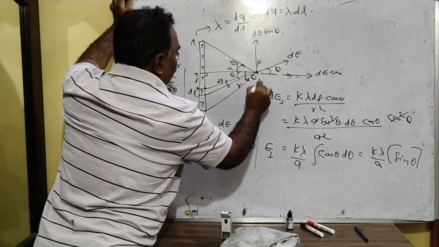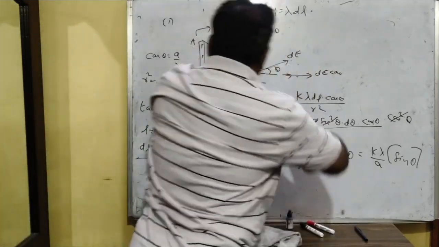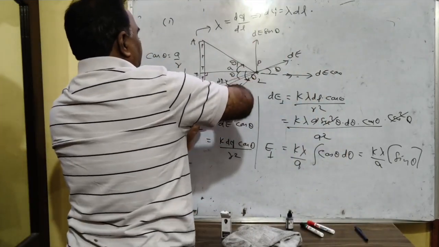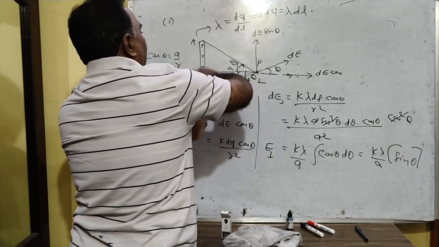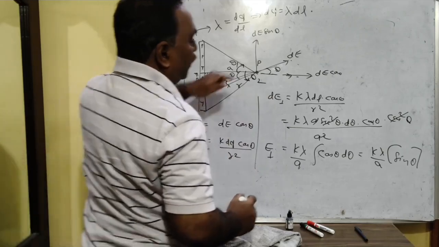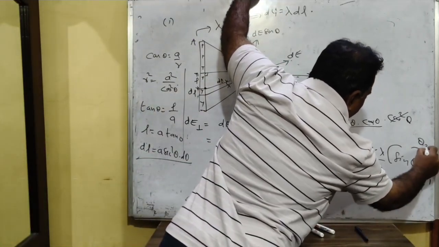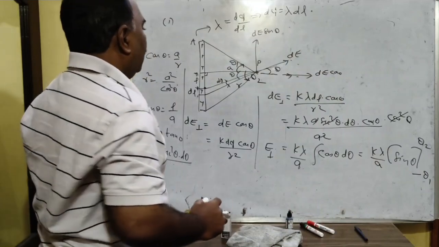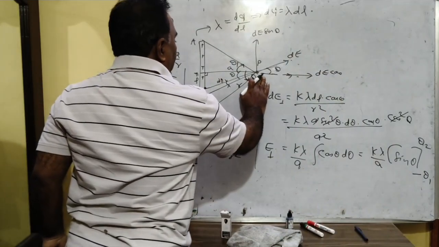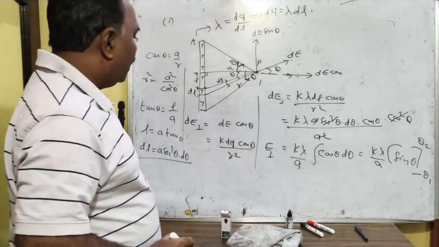Therefore theta varies from the lower point to the upper point. What is the variation of the angle at the point P? Let it be minus theta 1 at the bottom and plus theta 2 at the top. Okay, this is theta 1 and this is theta 2.